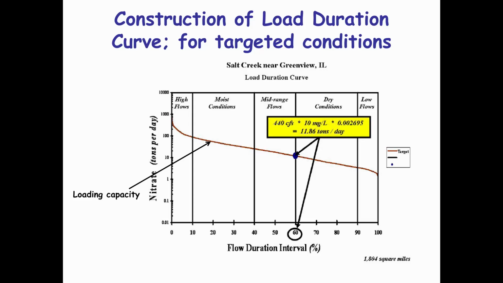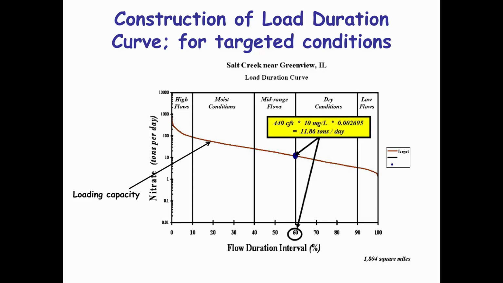What would be interpreted here is that 60% of the time the nitrate load in this stream would equal or exceed, on any given day, 11.86 tons per day. That is, there would be a 60% chance, or 60% of the days, the nitrate load will exceed 11.86 tons per day.